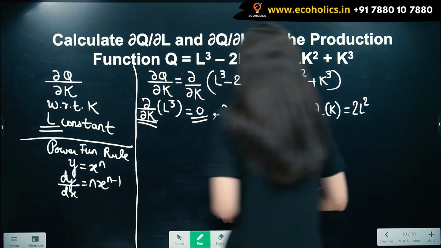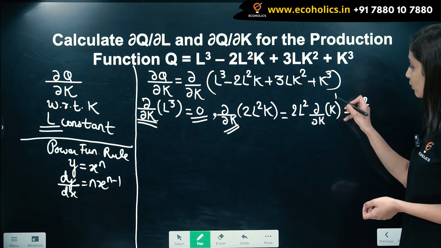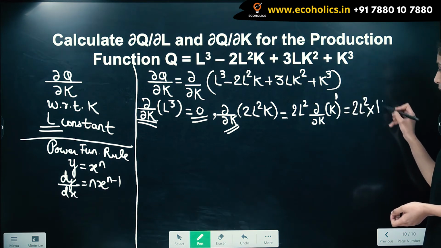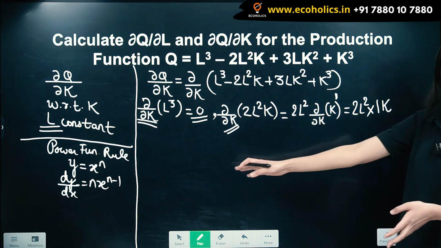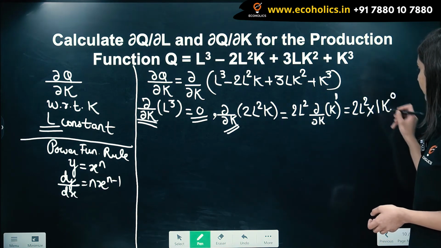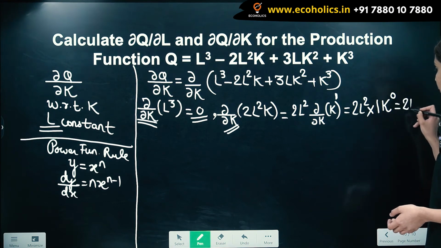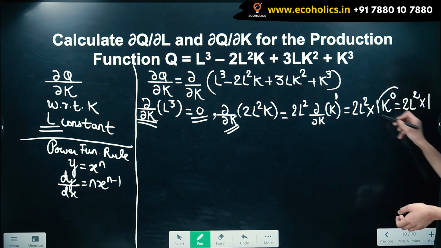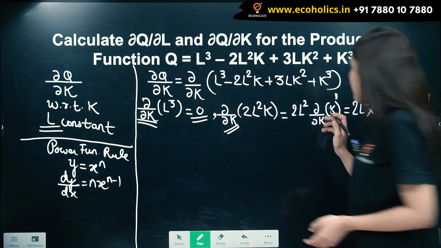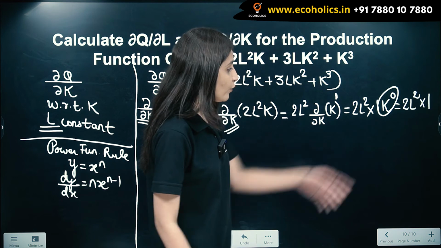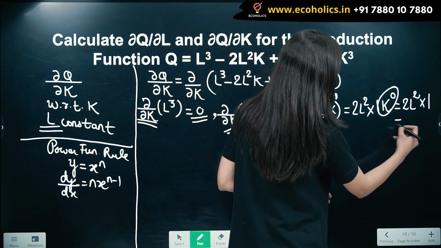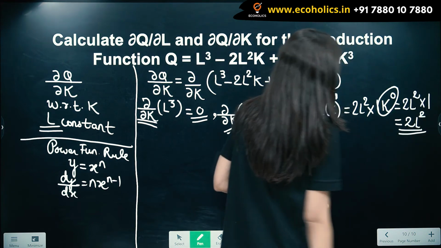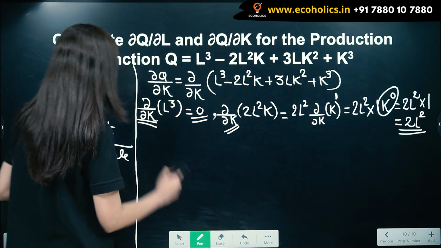Now, in this case, we have n as 1. So we have 1, k raised to 1 minus 1 is 0. So we get 2L square into 1, because k raised to 0 is 1. Therefore, the final answer for this will become equal to 2L square.